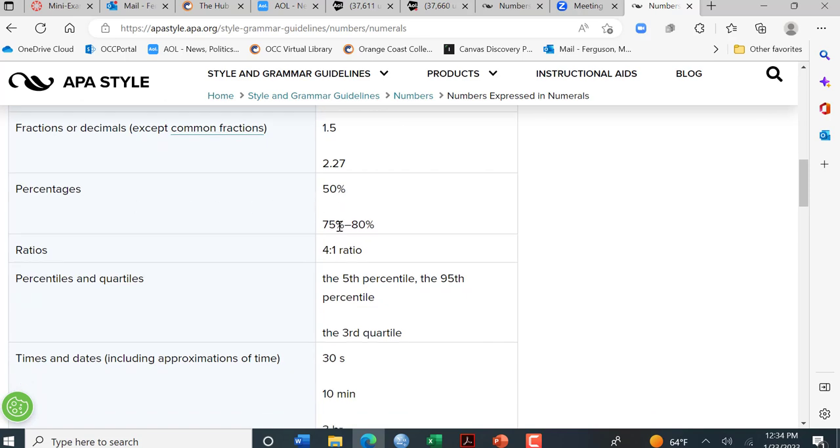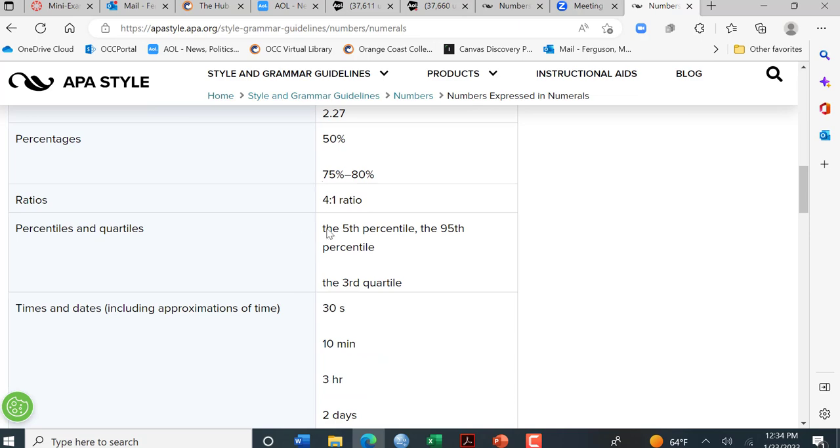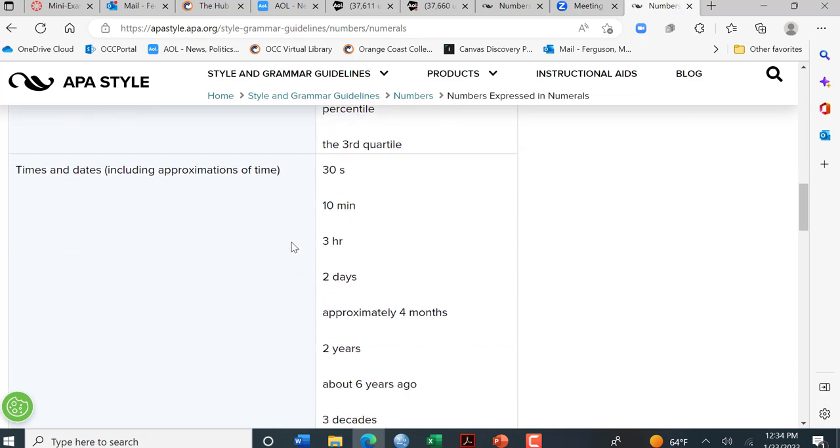Percentages get written out as numerals. Sometimes students want to write out the whole number for some reason. Maybe they learned that in a different style guide. Ratios, percentiles, and quartiles. And these ones you probably won't use as often. Percentages perhaps, but times and dates you'll probably be using frequently. So this is 30 seconds.